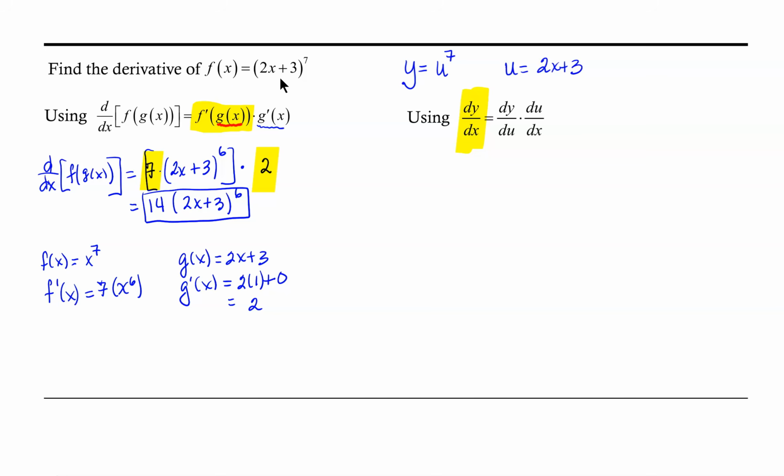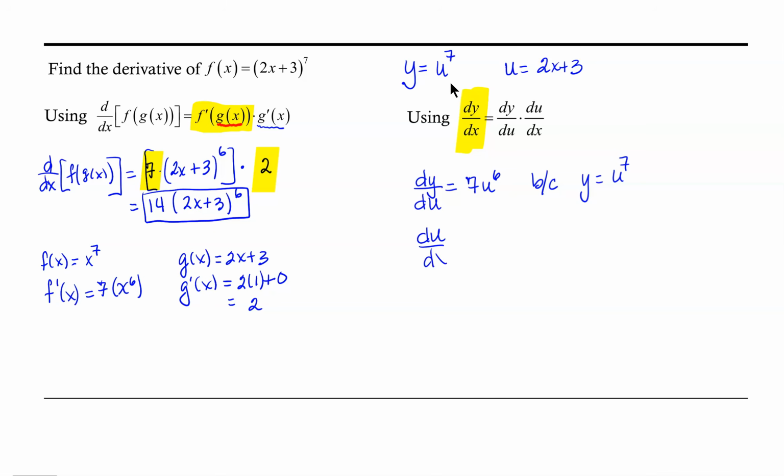So now, when we use this strategy, we need to know what dy du is. What is the derivative of y with respect to u? Well, y is equal to u to the 7th, so dy du would be 7u to the 6th. And then we need to know what du dx is.